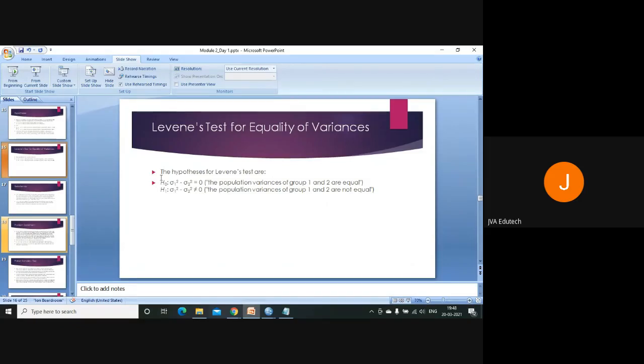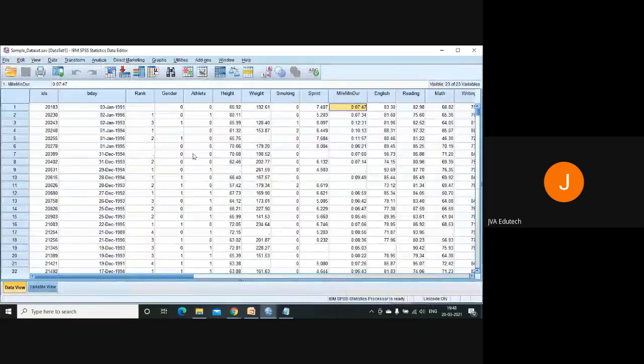The null hypothesis was that equal variances are there in group 1 and group 2, which means there is homogeneity of variance, and the alternate was that the variances among group 1 and group 2 are not equal, which means they are different. If the variances are different, there is no homogeneity. And for the independent sample t-test, there needs to be homogeneity among the groups. So let's check the first hypothesis first.